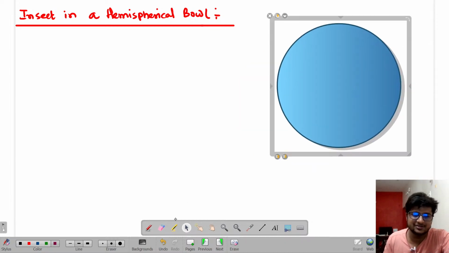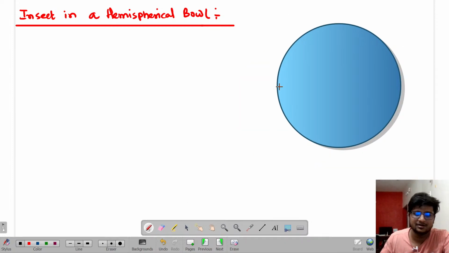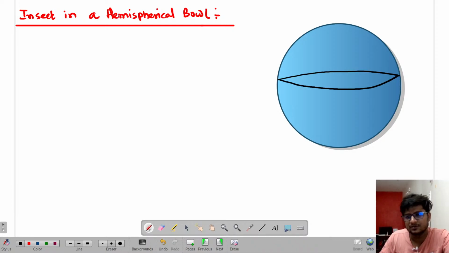Okay, suppose there is a hemispherical ball, and I'm considering this region. In this region, this is a rough surface whose coefficient of friction is mu.